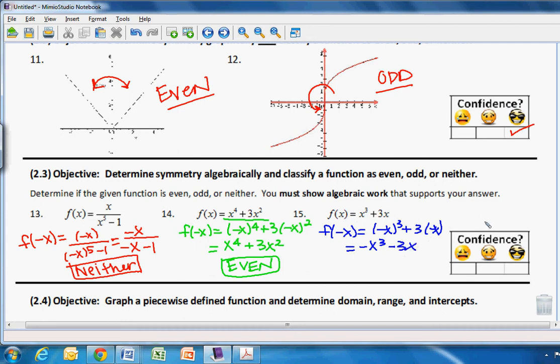In this case, if we were to look at the opposite of this function, where we would multiply everything by negative 1, it would turn my function into negative x cubed minus 3x. So it's not even because it's not the same as this. Both of these change just like this, so this is an odd function.